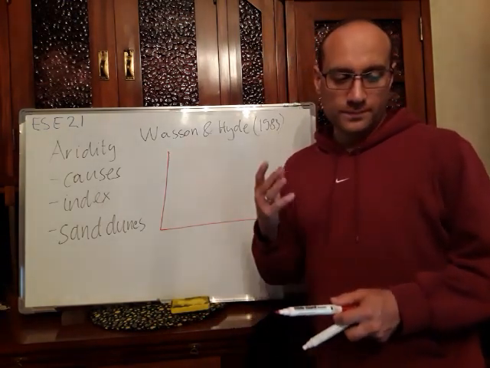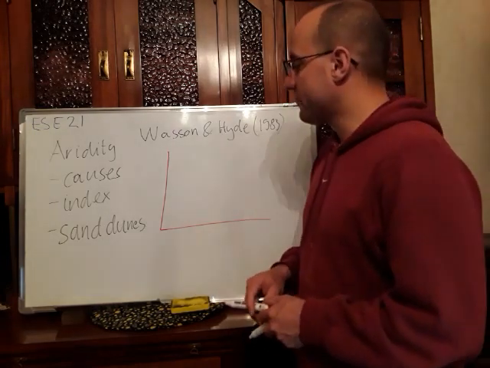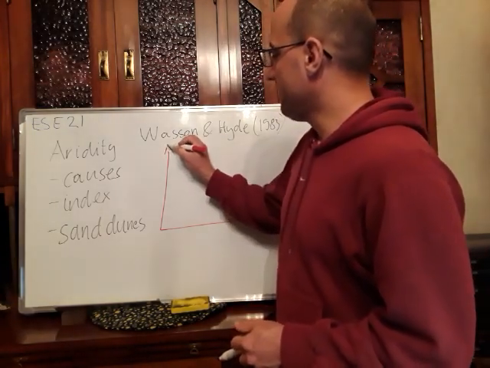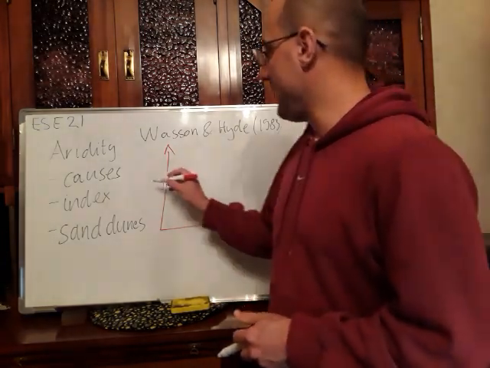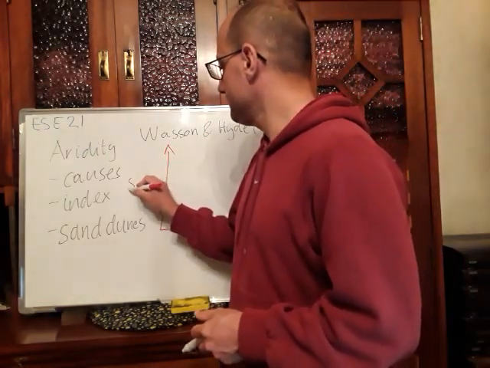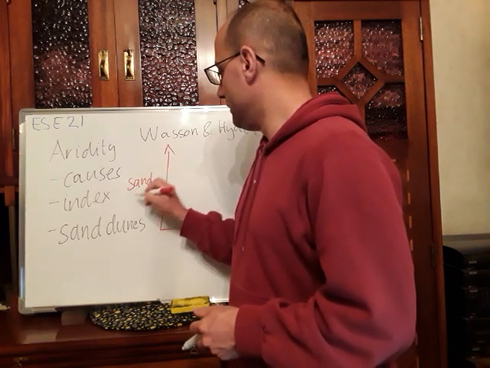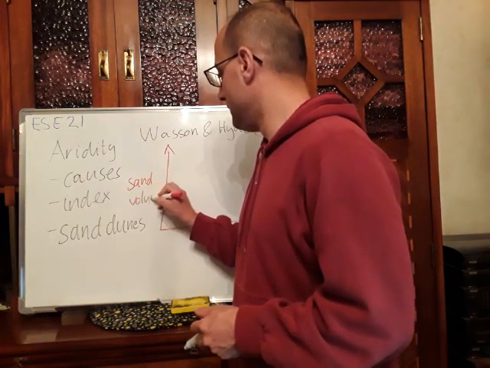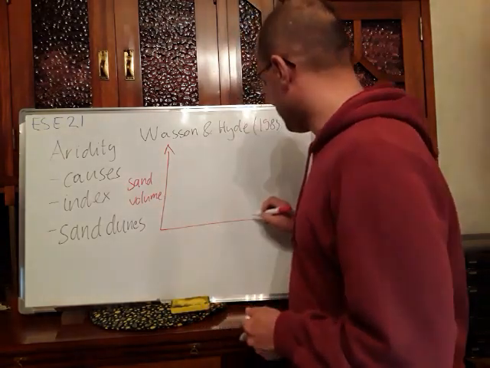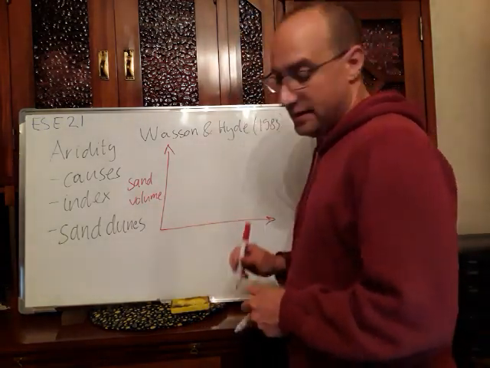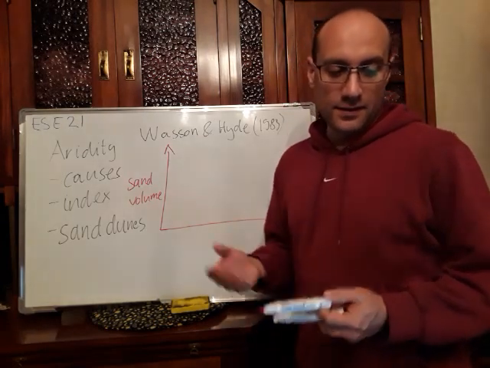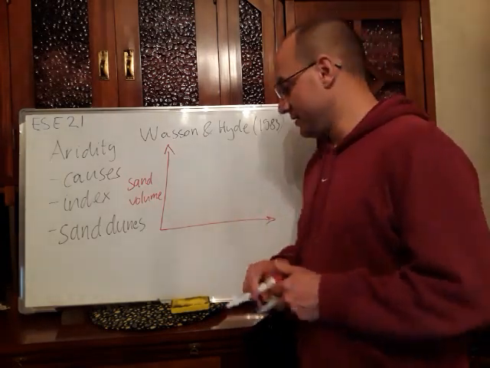Two factors are present here: the volume or availability of sand, and the other one is the variability in the wind directions.